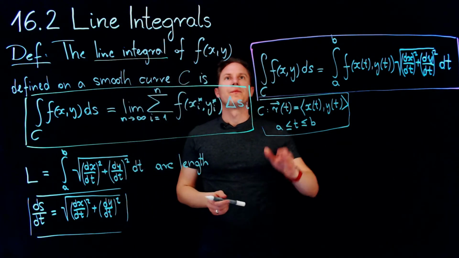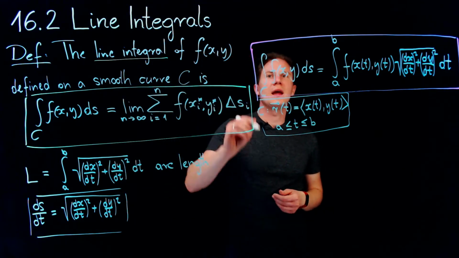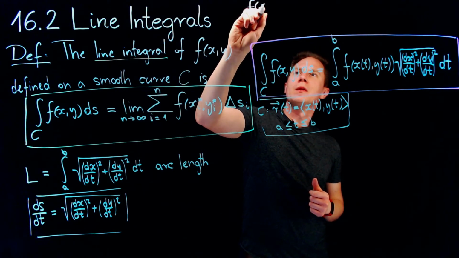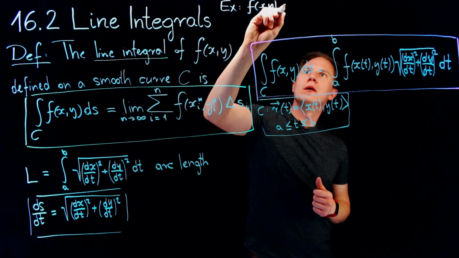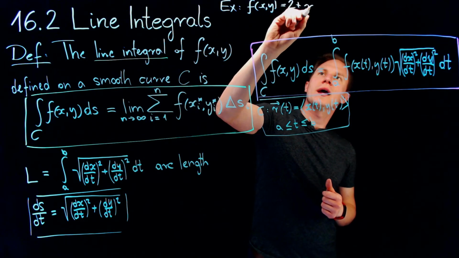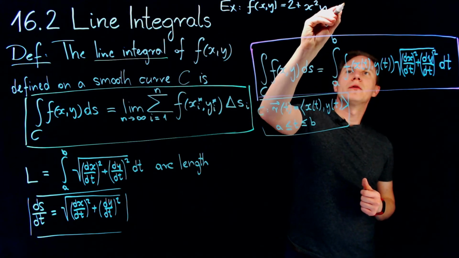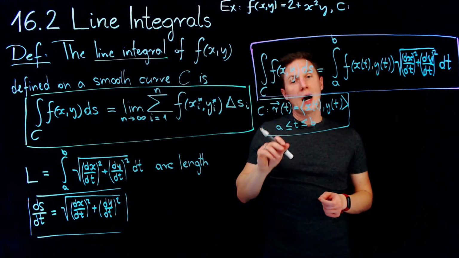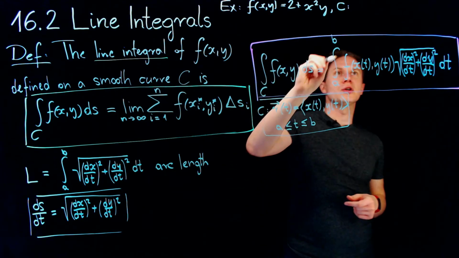So let me give you an example. Let's say that our function is 2 plus x squared y, and our curve C is the upper half circle of radius 1 centered at the origin.